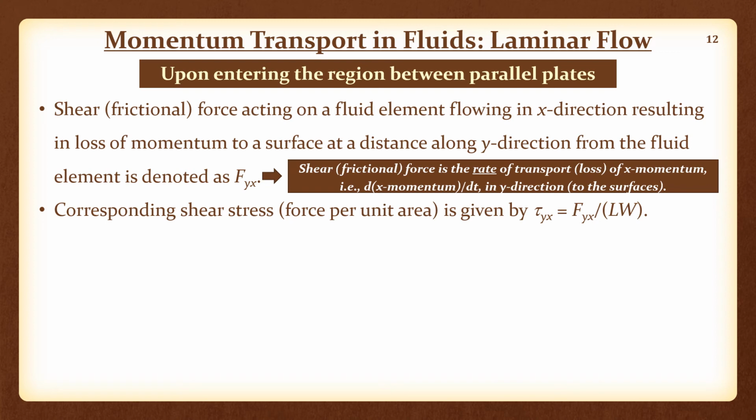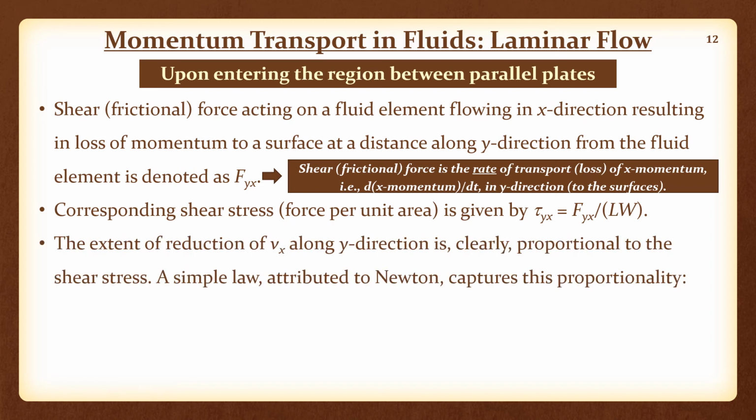What is this area? This area is the area of contact through which this momentum is being transported, and that is given by L, which is the length of the two parallel plates, and W, which is the large width that is there. Infinitely large, well, not exactly infinitely, in the sense that it is much larger than the distance between the two parallel plates. So LW is the area.